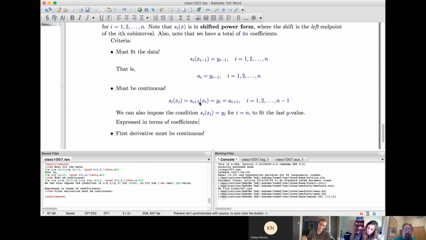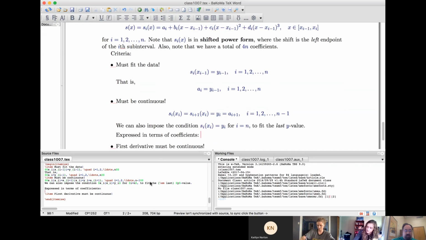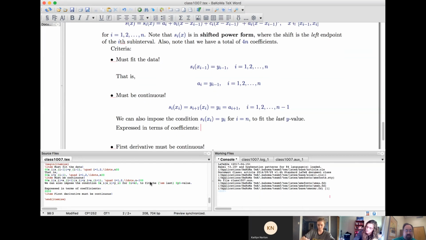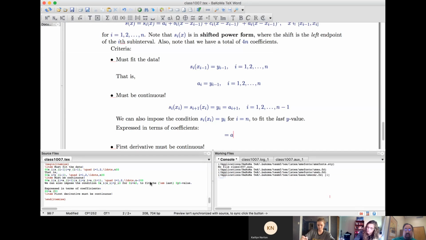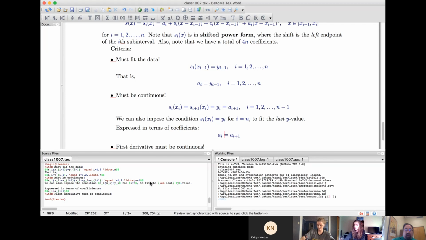So if I take xi and substitute it in here, then I'm going to have xi minus 1 raised to powers. So here's how I'll write it out. We have an equation that has ai plus 1 on the right side, and on the left side, I'm going to have ai plus bi.